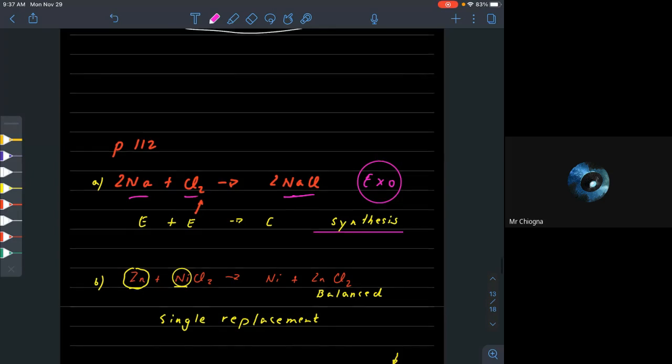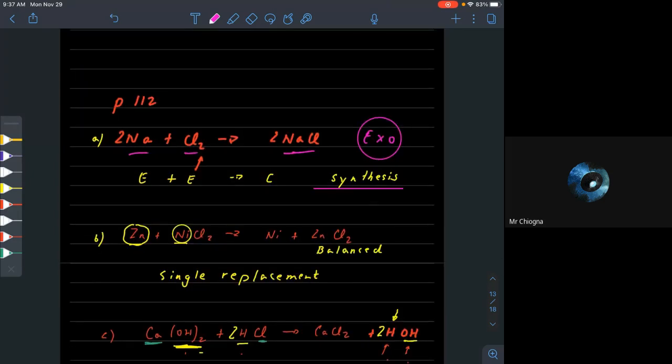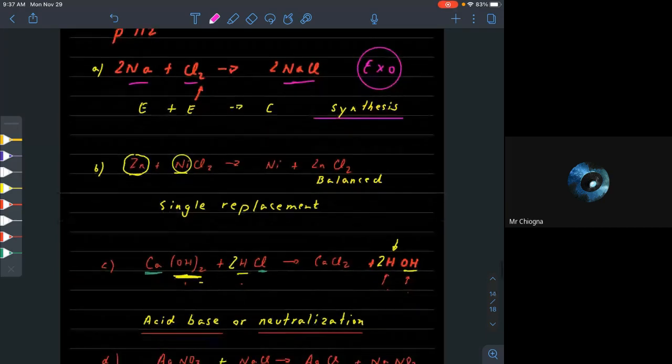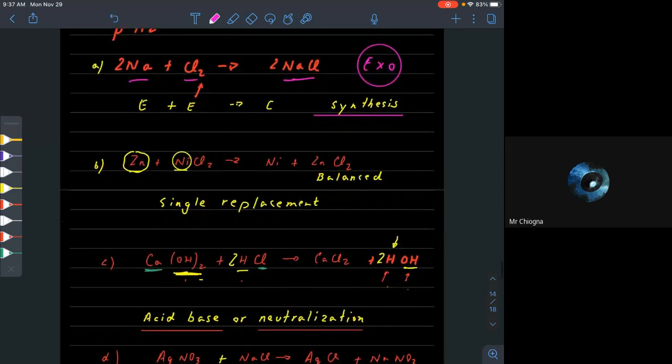Okay, we can't do all of these, but some of them, like double or single replacement, there's no definitive answer. Some of them are exo, some of them are endo. Let's scoot down to C. C is neutralization. Notice you're forming water.